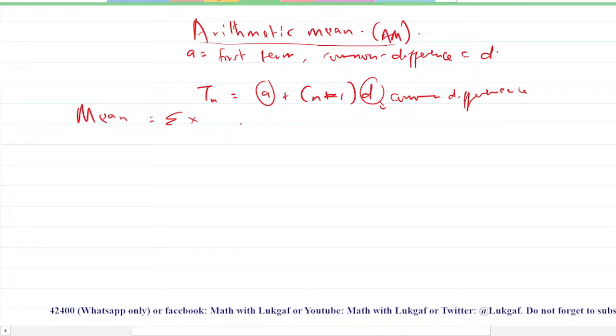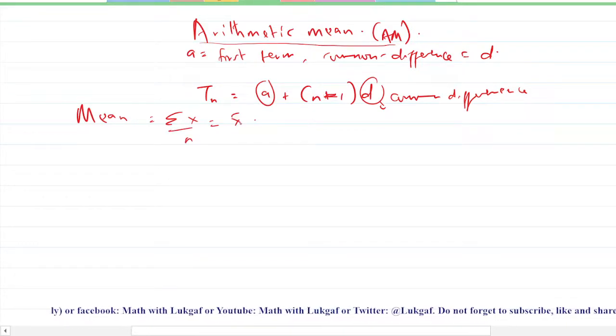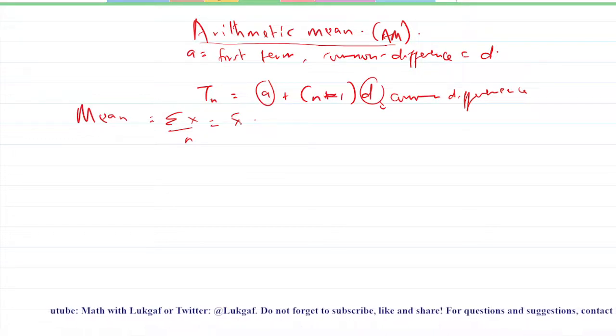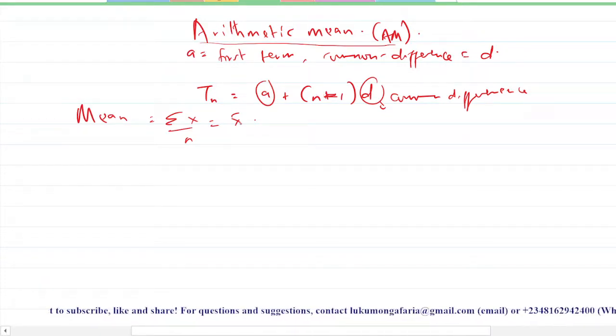So if you apply the idea of this mean to an arithmetic mean, it is a sequence in which the terms are consecutive.